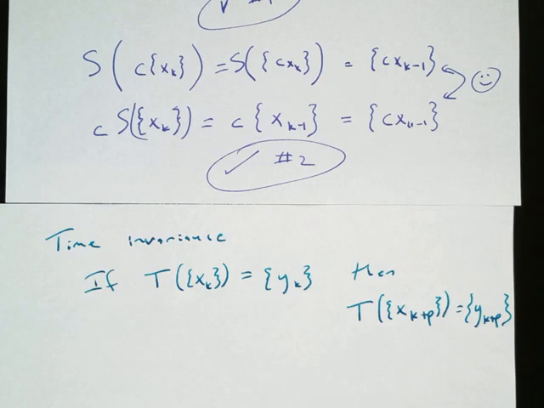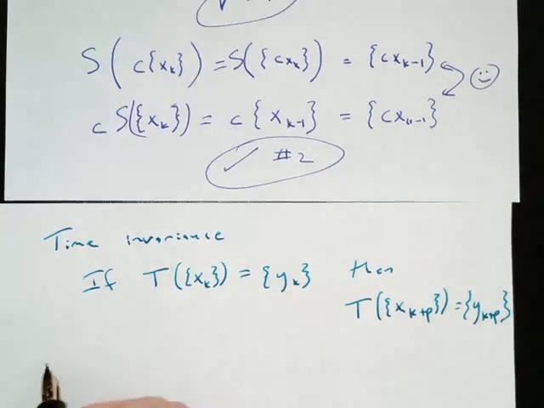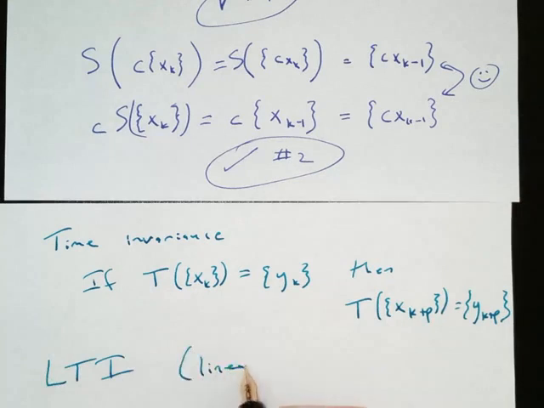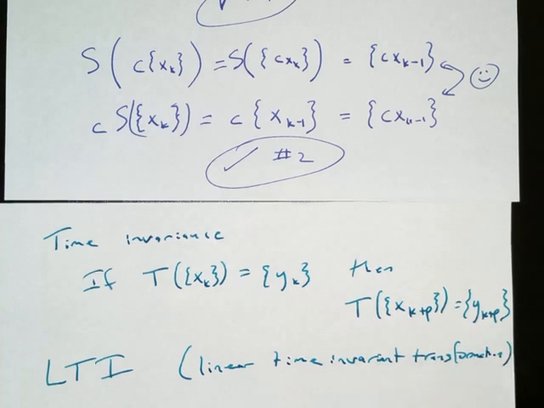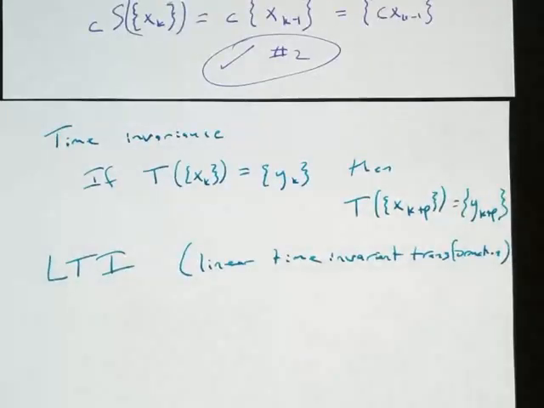If we have not only the first two properties, but we also have this one, we have what's called a linear time invariant transformation. A linear time invariant transformation is a special kind of a linear transformation.